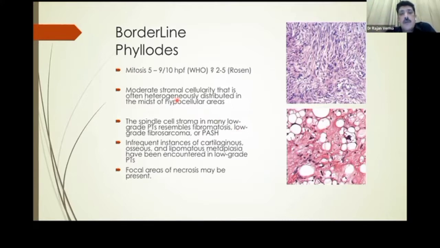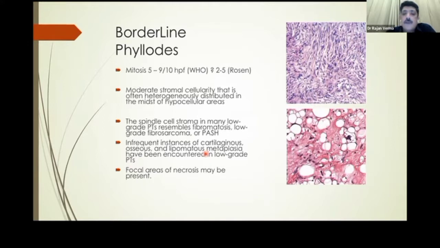So in borderline phyllodes, you have moderate stromal cellularity that is often heterogeneously distributed. You have hypercellular areas more commonly found, and the spindle cell stroma may look like a fibromatosis stroma, a low-grade fibrosarcoma, or a stroma of PASH, which we'll be differentiating later on.